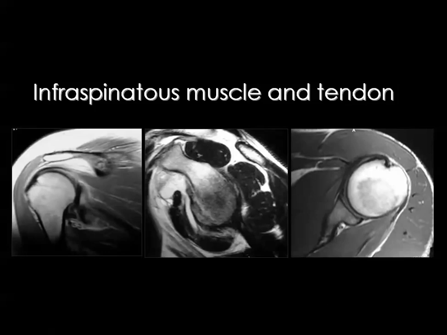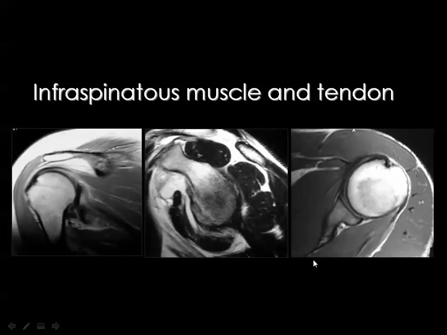You remember that the infraspinatus tendon is best evaluated in the axial images, and here the subscapularis tendon inserting into the lesser tuberosity, and this is the supraspinatus tendon which is inserting into the greater tuberosity, and this is the bicipital groove where the biceps tendon is present.